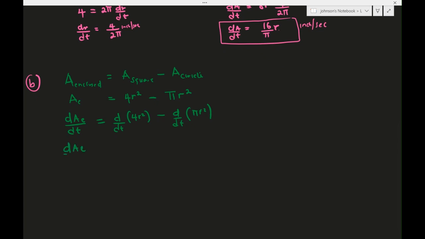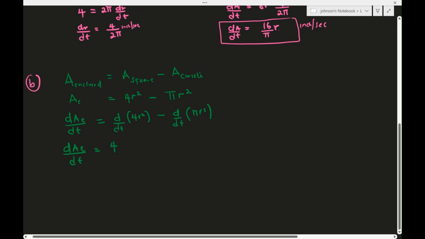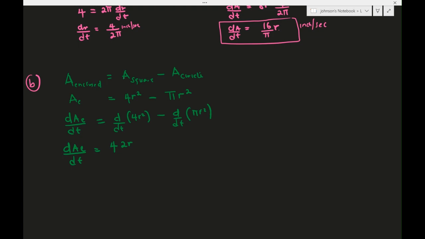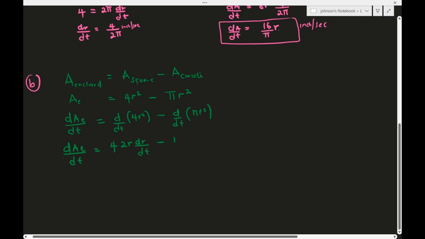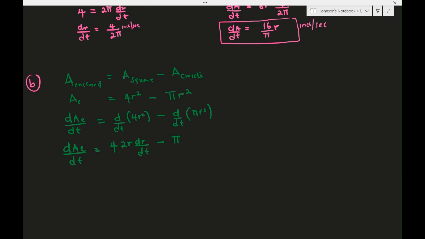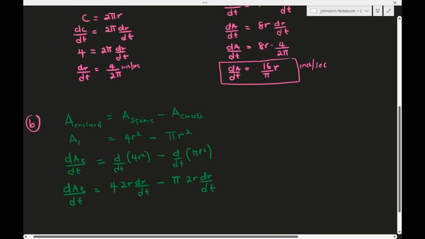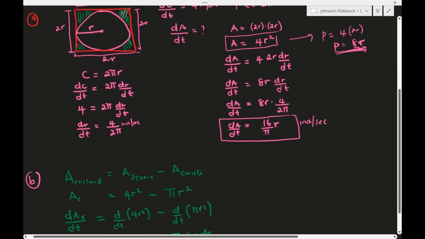This is going to be dE/dt, and 4 is a constant, so you will have 8r dr/dt, and here pi is a constant, then this is r squared, so we will have also 2 pi r dr/dt.